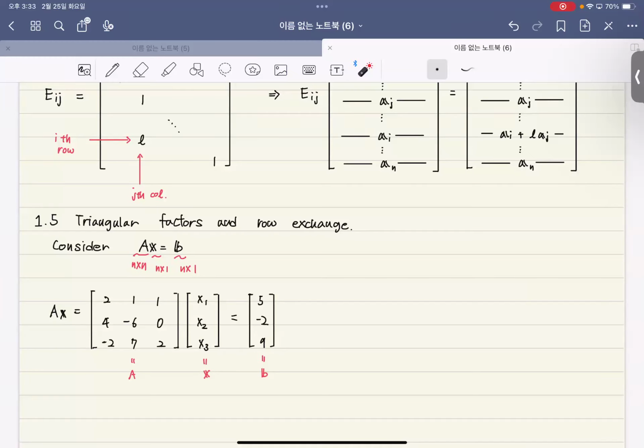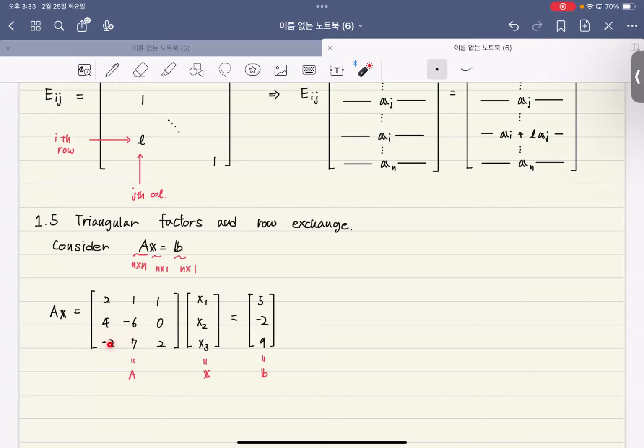In other words, forward elimination. By forward elimination, I mean eliminating these three entries that live below the diagonal. So getting rid of these three guys is the forward elimination.